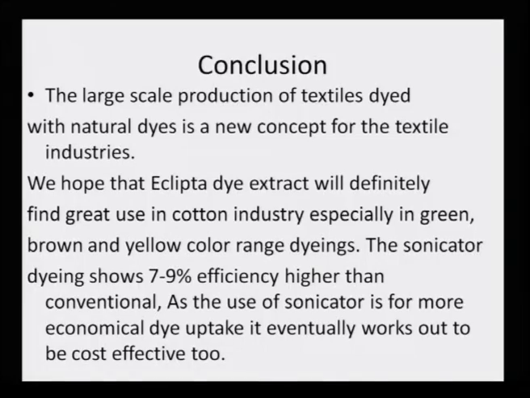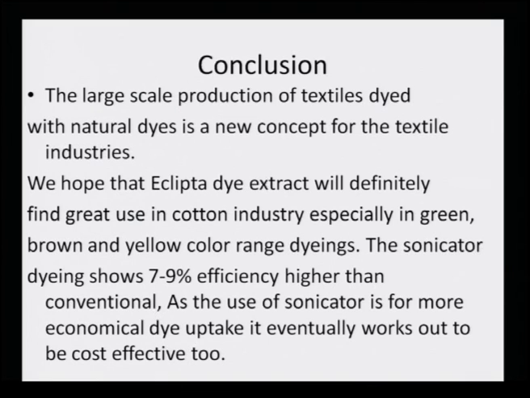So, if I have to conclude, I will say that large scale production of textiles dyed with natural dye is a new concept for textile industries. We hope that Eclipta dye extract will definitely find great use in the cotton industry, especially when greens, browns and yellow color range dyeings have to be done. The Sonicator shows about 7 to 9% higher efficiency than the conventional dyeing.